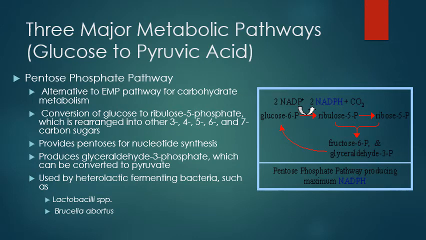Okay, so next would be your pentose phosphate pathway. So, kaysa mag-undergo siya ng EMP pathway or the Embden-Meyerhof pathway, it would undergo the pentose phosphate pathway. Note, the difference between this one is the pentose is actually used for nucleotide synthesis. Okay, this is used for nucleotide synthesis.